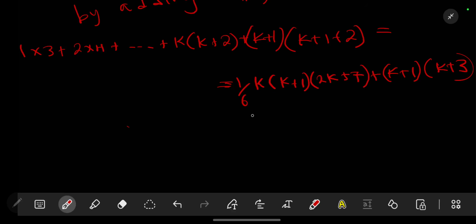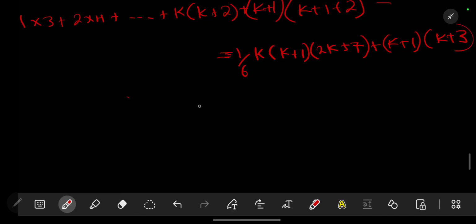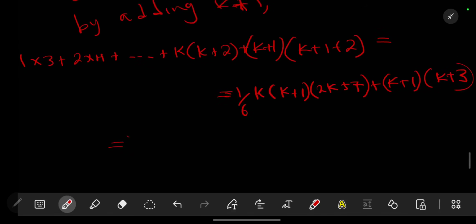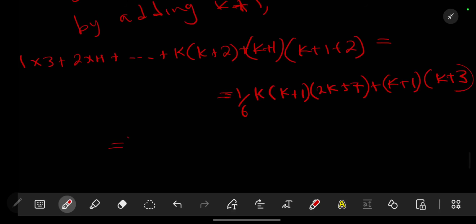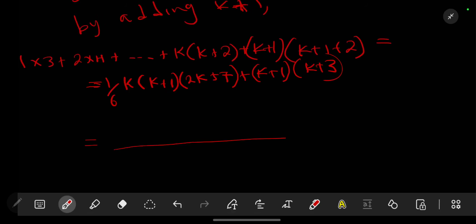So what we are just going to do now is manipulate the equation. 6 is the common denominator. The two expressions are separated by this plus. So whatever is on top, since 6 divided by 6 is 1, it will return.